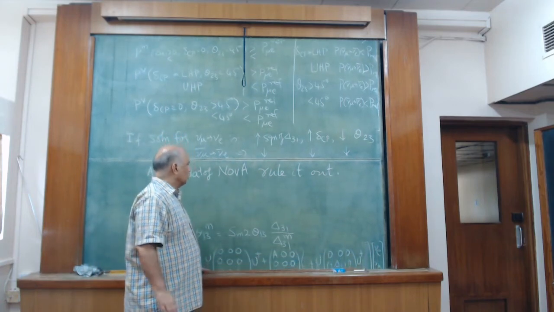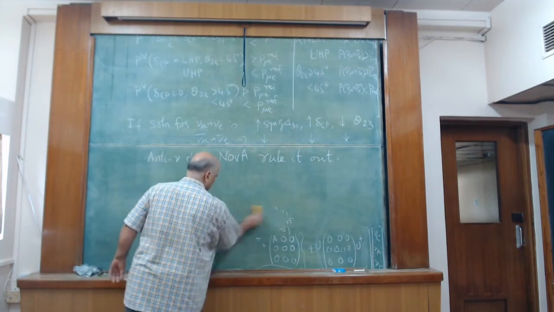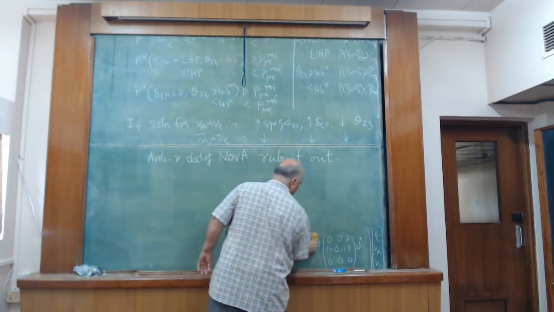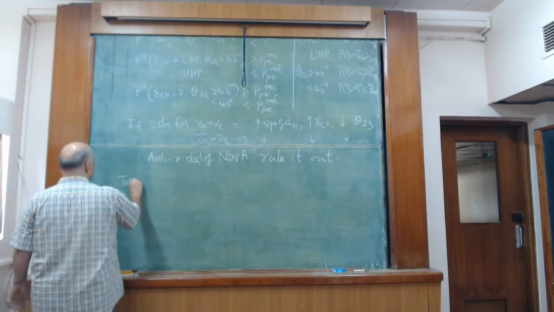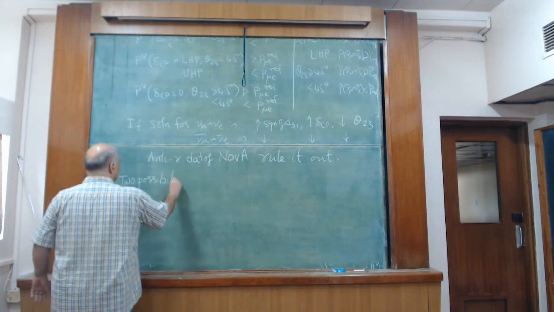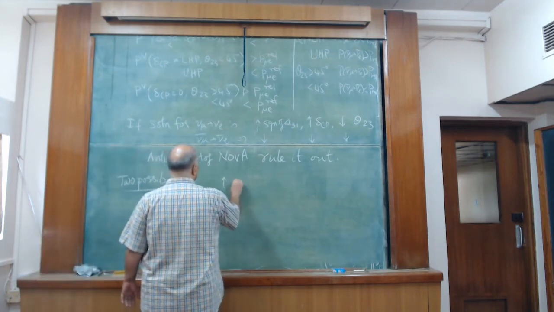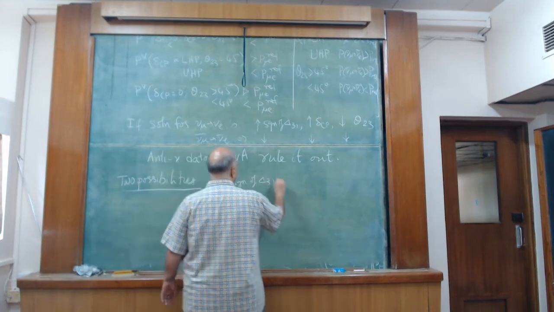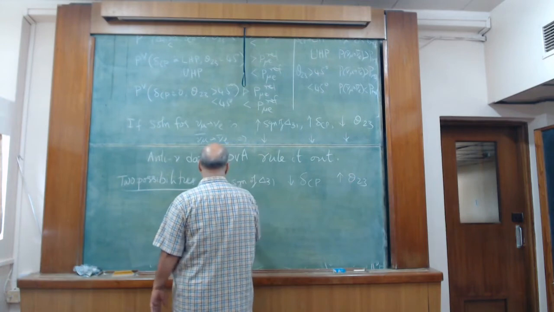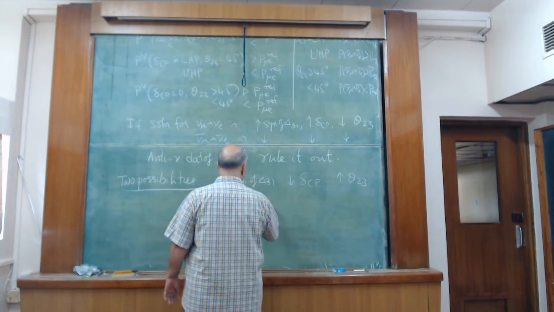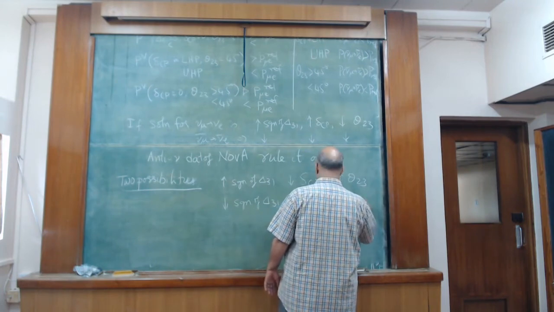So the two possibilities are: increase due to sine of delta 3 1, decrease due to delta Cp, increase due to theta 2 3, or decrease due to sine of delta 3 1, increase due to delta Cp, and increase due to theta 2 3.